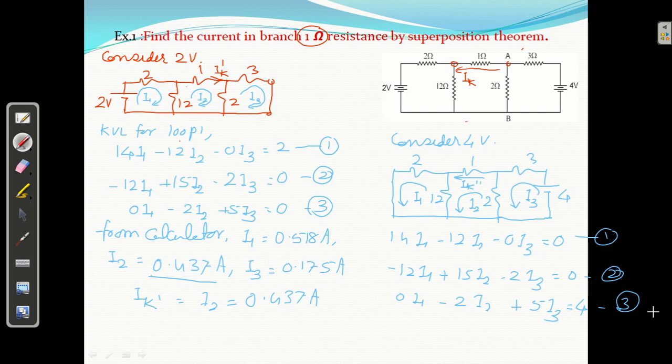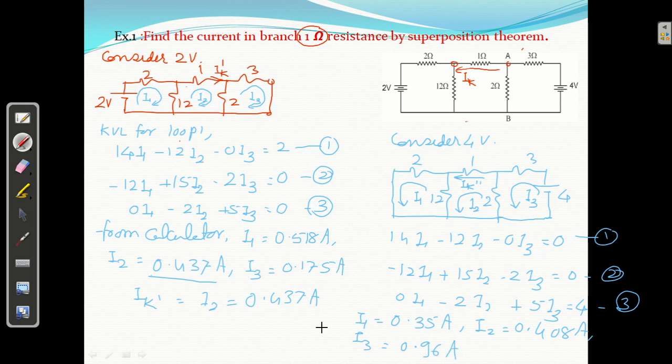If you press equal you will get I2 equal to point... and I3 equal to 0.96 ampere.